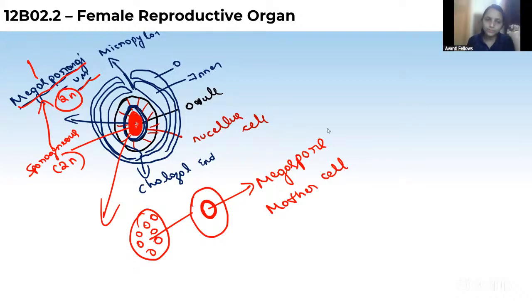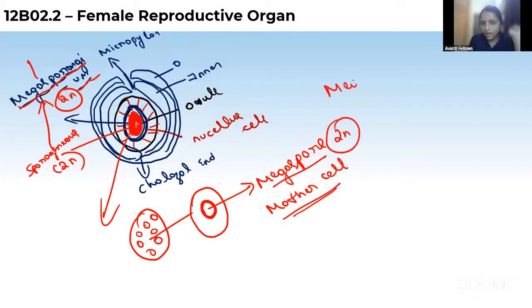Yes, ovule. The inside part is called the ovule only. Inside the ovule, the sporogenous tissue is there, which we call the megasporangium. The ovule we also call the megasporangium. And the megaspore mother cell is diploid.